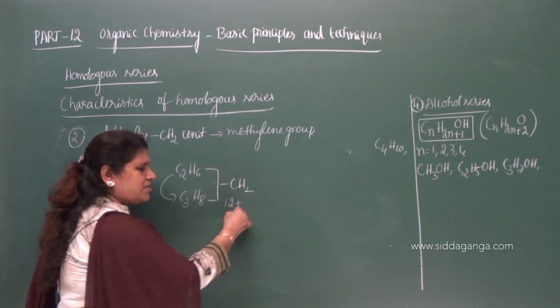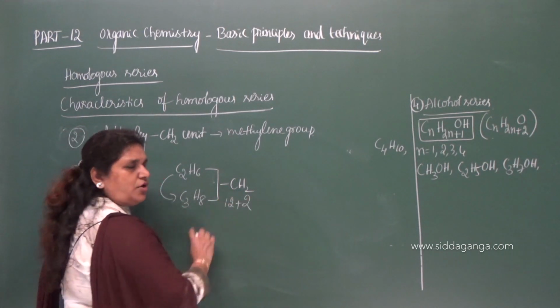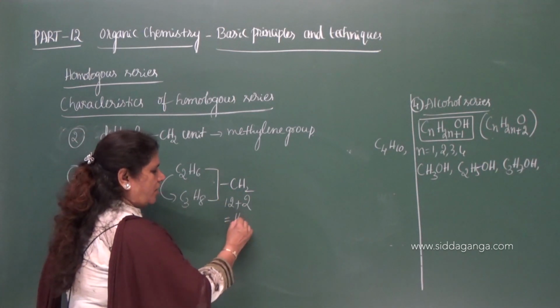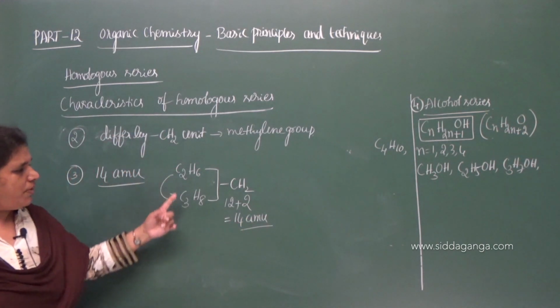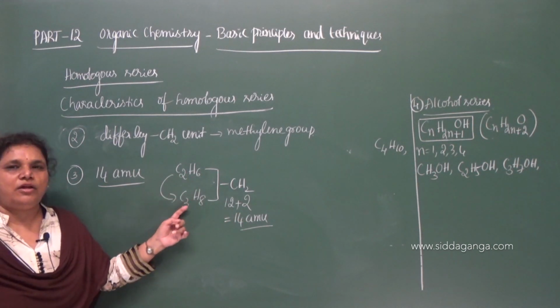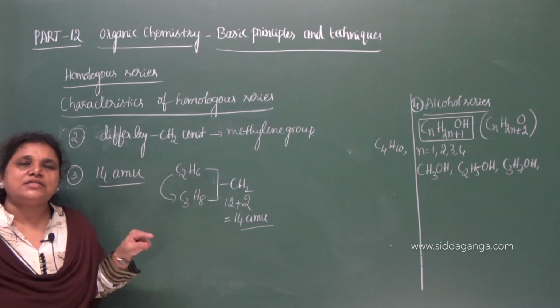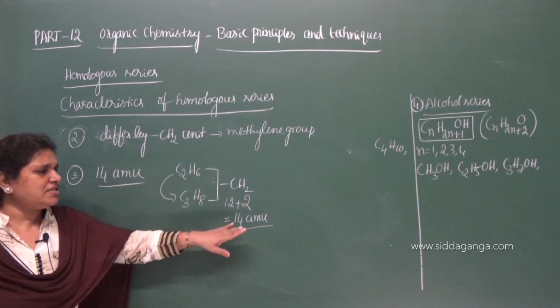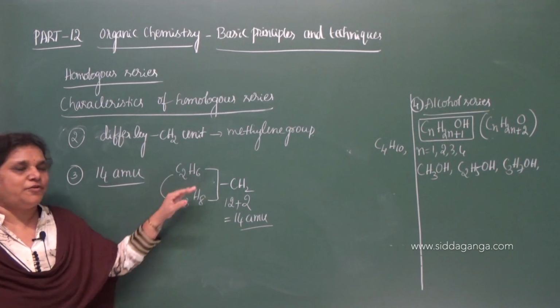One carbon means 12 atomic mass units, two hydrogen atoms mean 2 atomic mass units, total 14 atomic mass units. So these two members differ by 14 AMU in molecular mass. What is the molecular mass difference between every successive member in a series? It is 14 units.